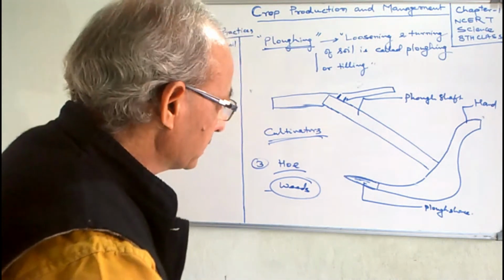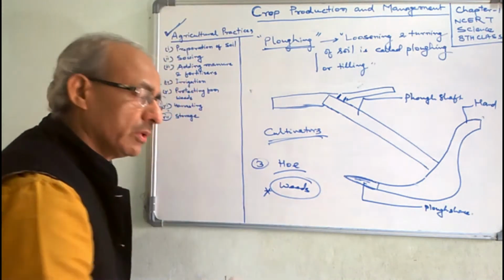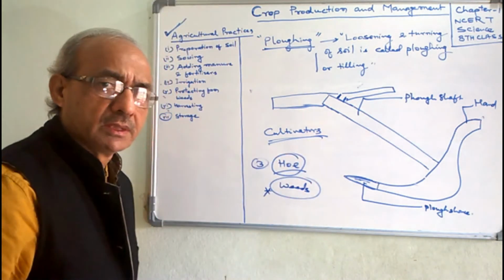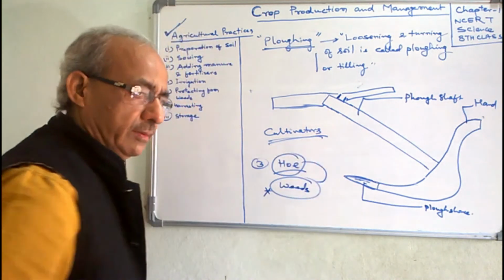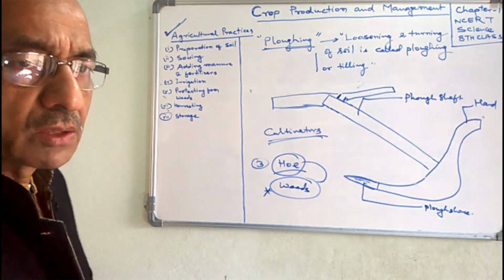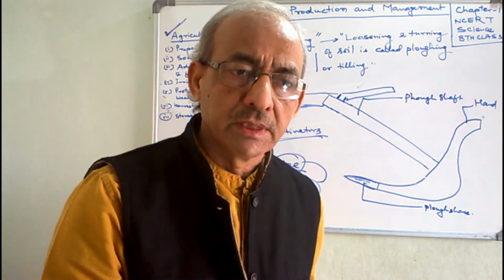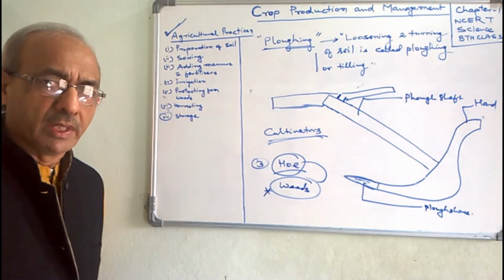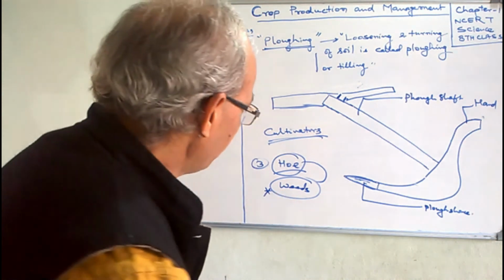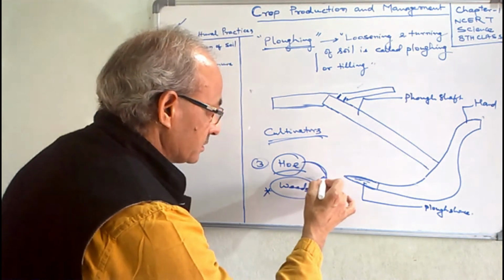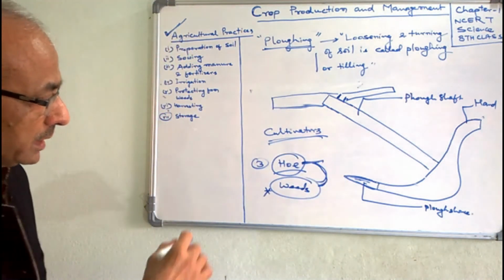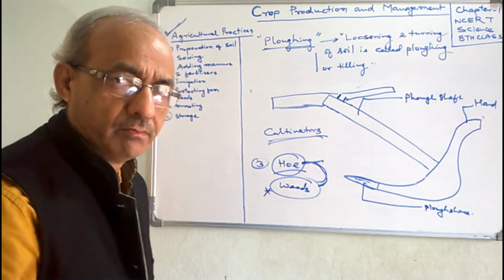So it is quite essential to remove the weeds from the cropland. By physical methods, hoe mainly, or somewhere khurpa, the traditional name of an agricultural implement, khurpa or khurpi, the weeds are removed from crop fields.